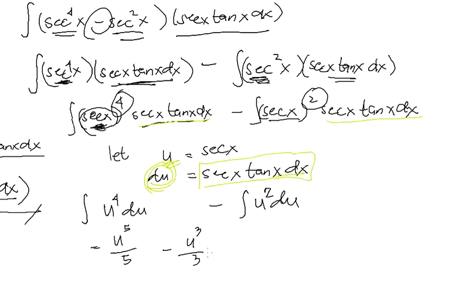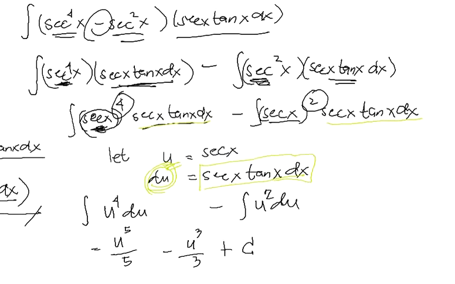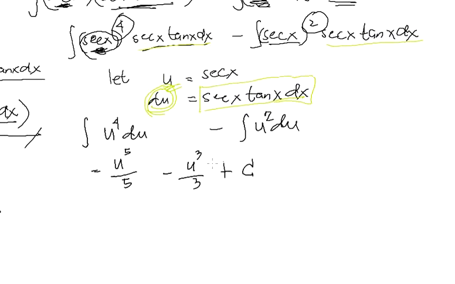Do not forget to divide this term by the new power, and then do not forget the plus c. This is now our indefinite integral, but again we need to bring back the value of our u, which is equal to secant x.